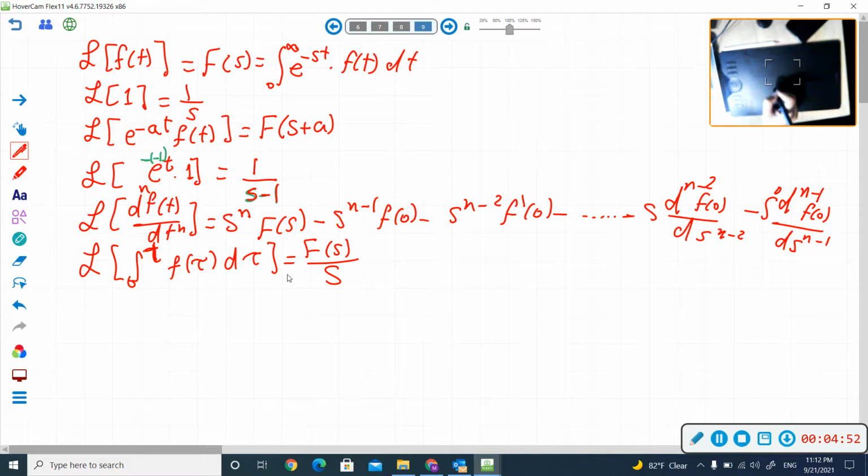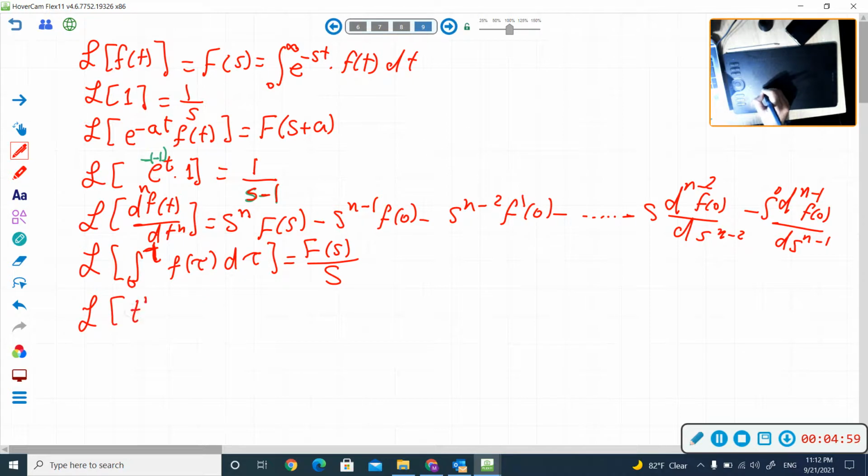Okay, then we have proved the Laplace transform of t to the power n times any f of t whose Laplace transform you know. So it will be negative 1 to the power n, and the differentiation of this function, but with respect to s.